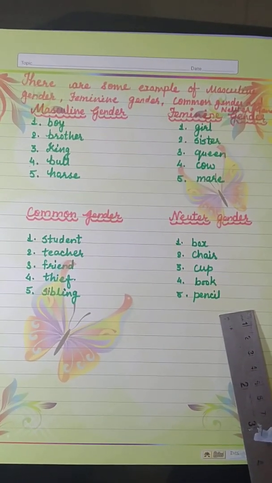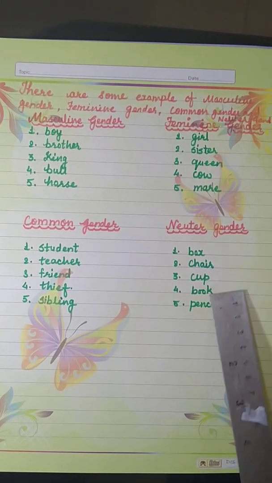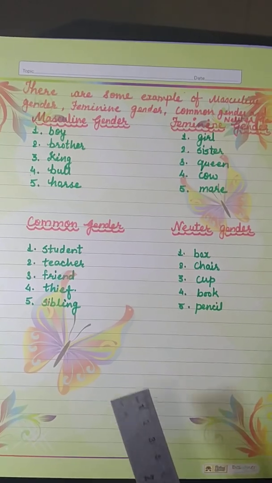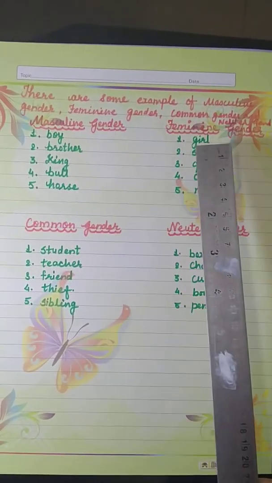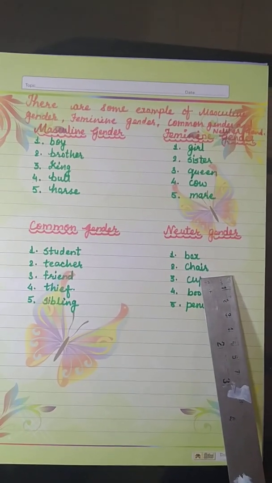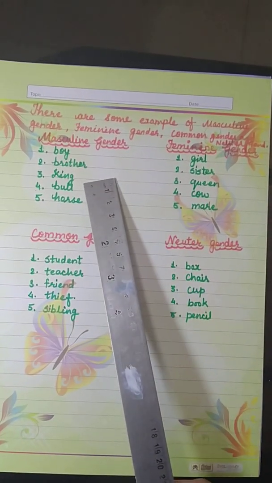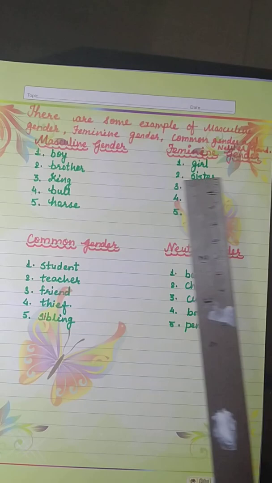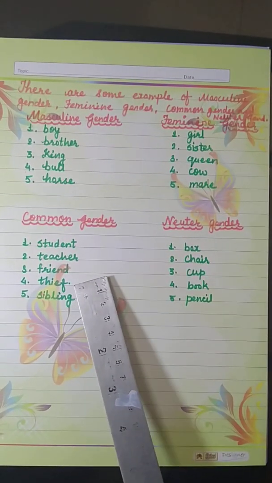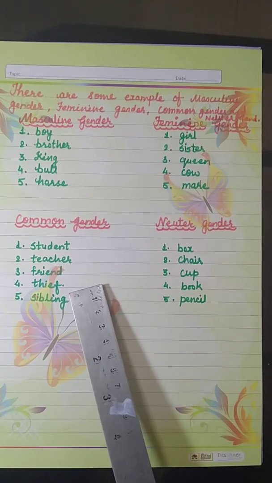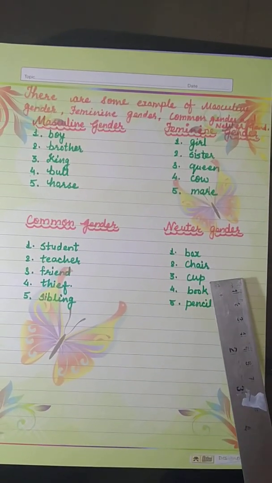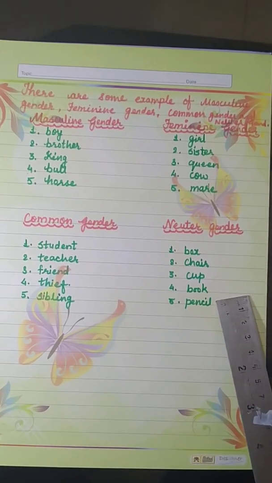So we categorize them in neuter gender. Okay. So there are four genders: masculine, feminine, common, and neuter. Okay. Masculine refers to males, and feminine refers to females, and common, it both refers to male and females, and neuter gender refers to lifeless objects.